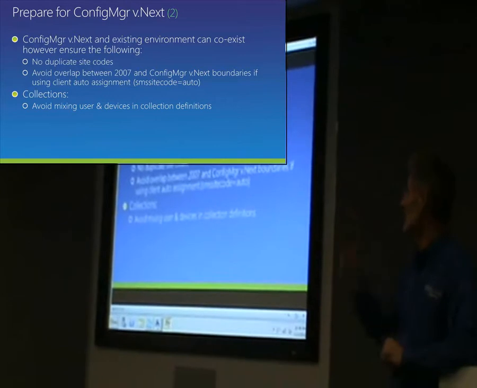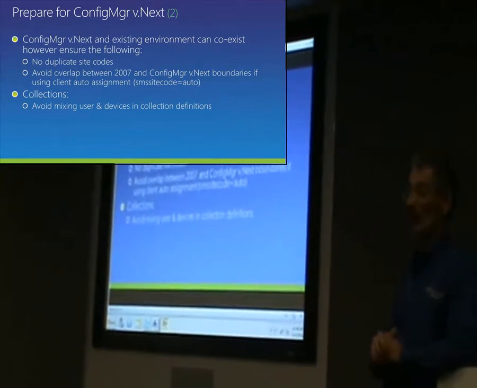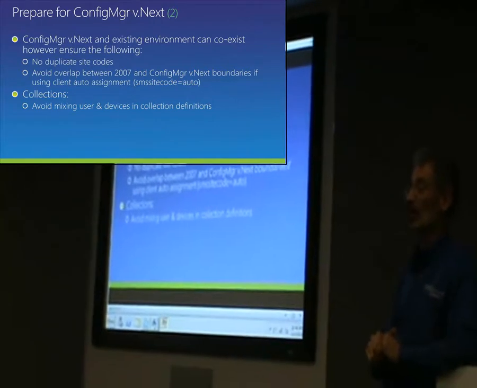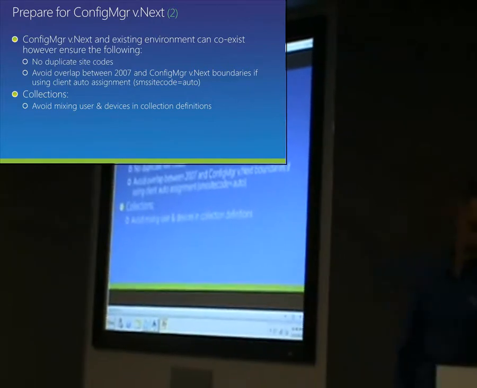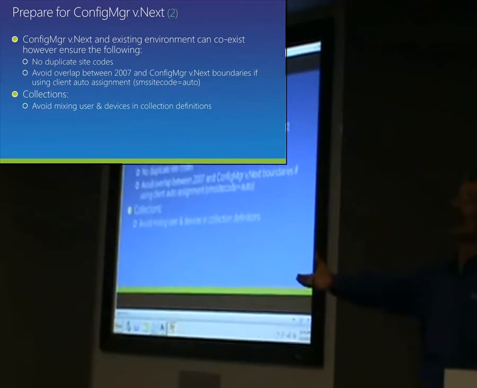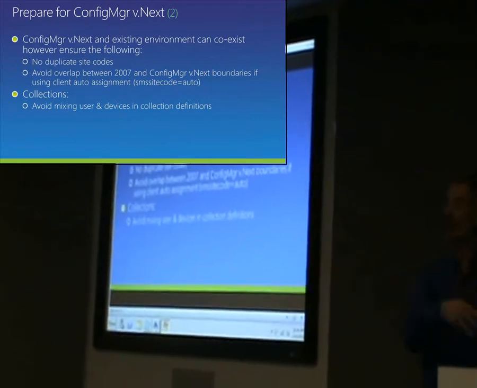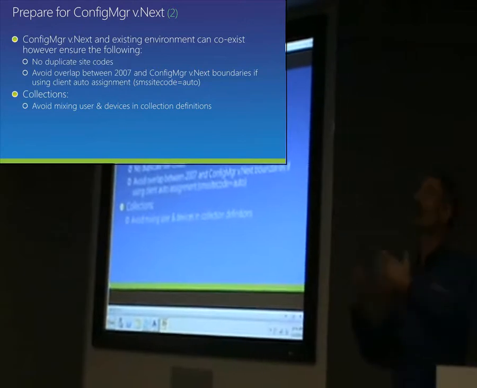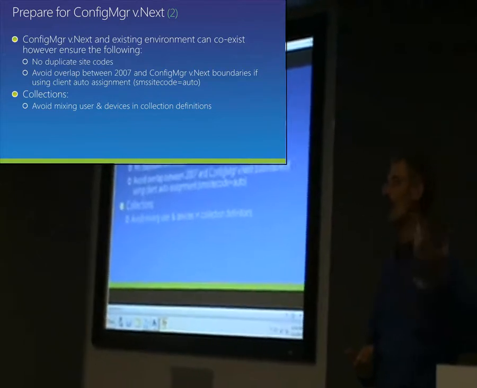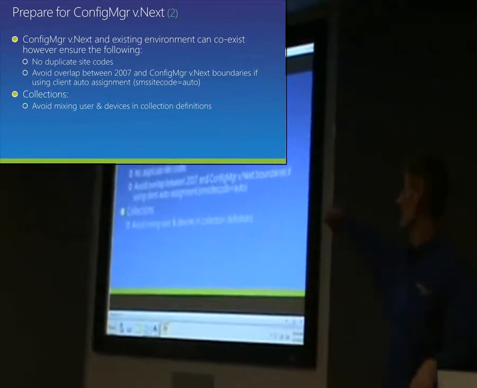Never use SMS site code equals auto in an upgrade scenario. I would never use it at all. The reason being, this is my laptop. It's assigned to a Redmond site. I'm sitting here in London, and we do dog food, which is testing our internal versions of the products. We're on beta 2 versions. And let's say they push out a new beta 2 version of dog food today. I'm sitting here in London. If they do SMS site code equals auto, guess what?